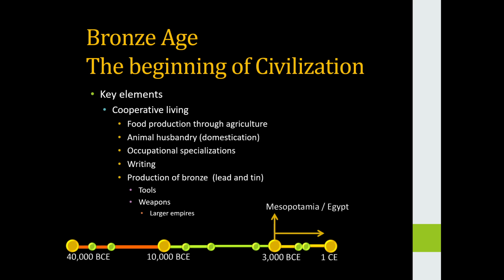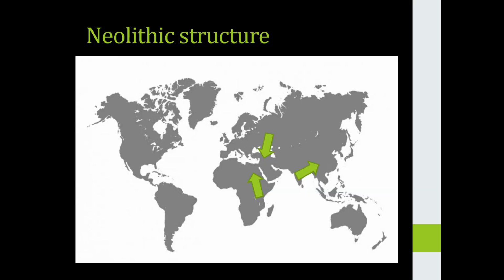Now, the other thing that I want you guys to think about is going to be this. Let me go back a little bit. What was it about these three different locations, these three groups of people, that made civilizations happen in these three areas and not all over the world?